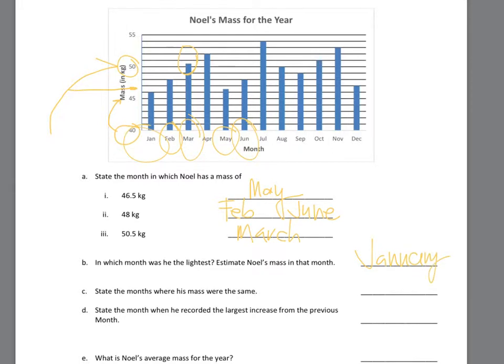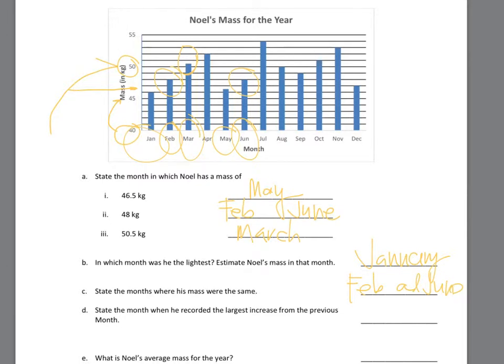And then state the months where his mass was the same. That's 48. You see these two bars, they have the same height, so Noel had the same mass for those two months, February and June.